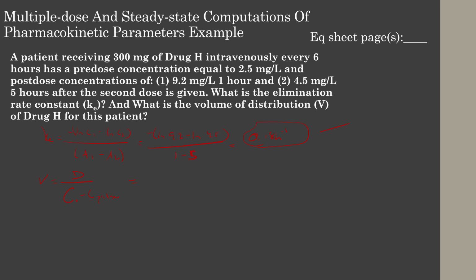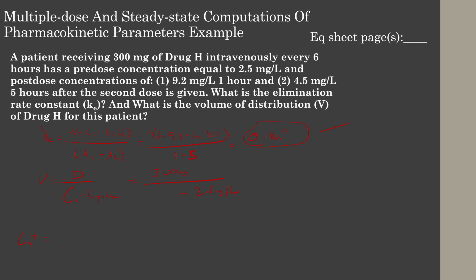So here, we at least have some of this information, right? 300 milligrams. Pre-dose is what? It's given, 2.5 milligrams per liter. So it's a trough right before the second dose, right? However, we got to figure out what's C naught. What is C naught? It's the concentration immediately after the dose. So it's basically kind of like a C max almost in this scenario.